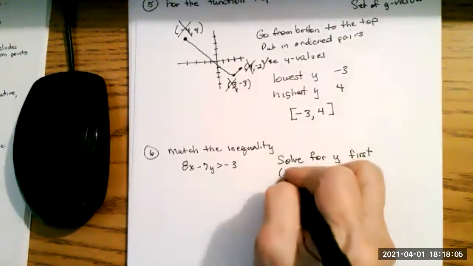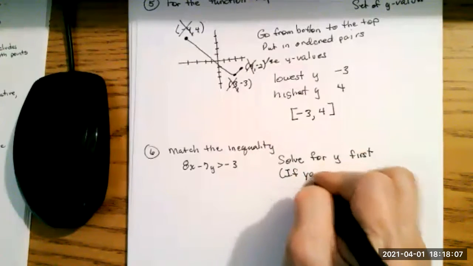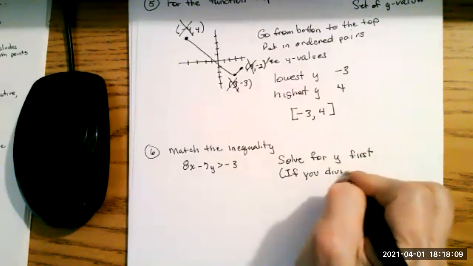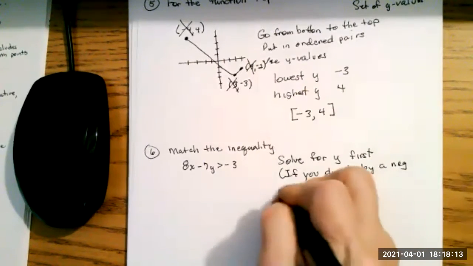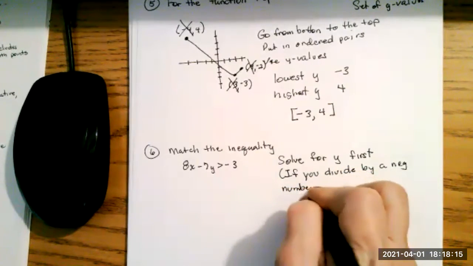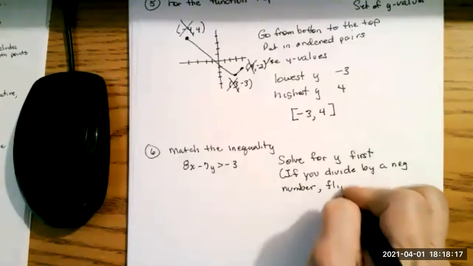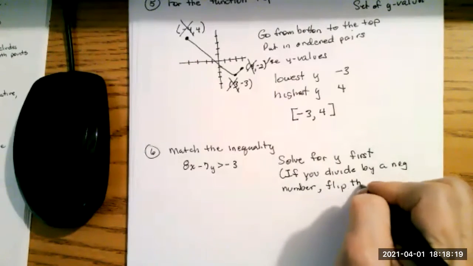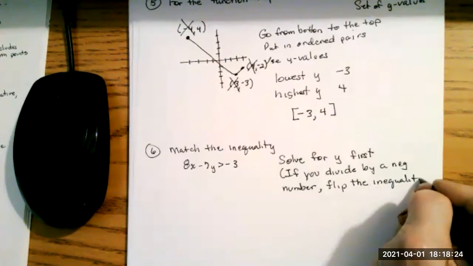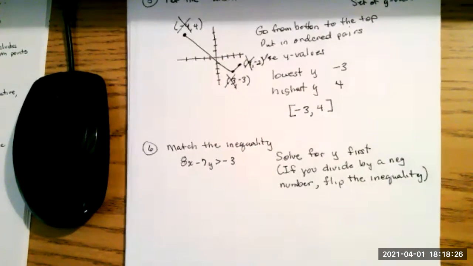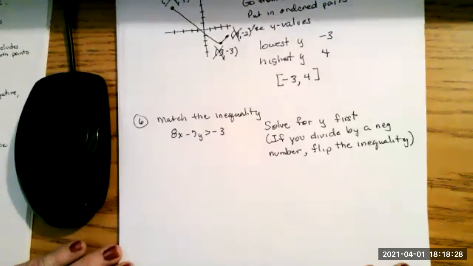Remember that if you divide by a negative number, what happens? Sign changes. You flip that inequality. If you don't flip that inequality, you're going to get the wrong area.